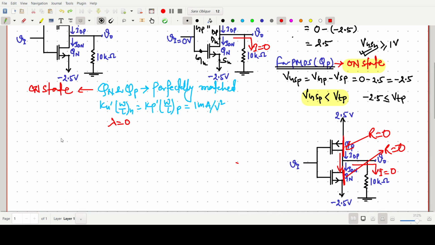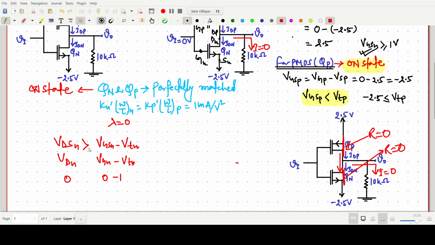Now for the region, VDS of N compared with VGS of N minus VTN. So we write VDN versus VGN minus VTN. VDN is 0 and VGN is minus 1 volt.